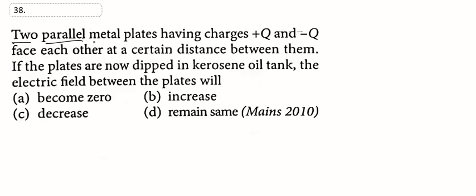Two parallel metal plates having charges plus q and minus q face each other at a certain distance between them. So these are the two parallel plates, this one is plus q and this one is minus q.